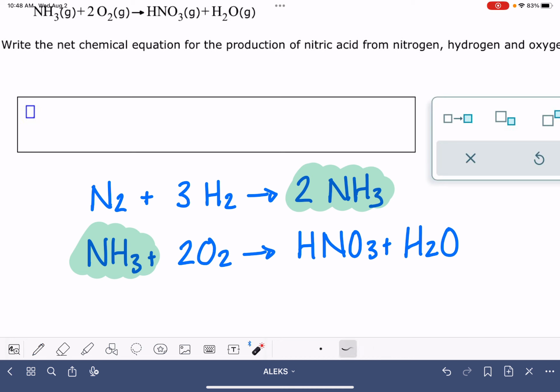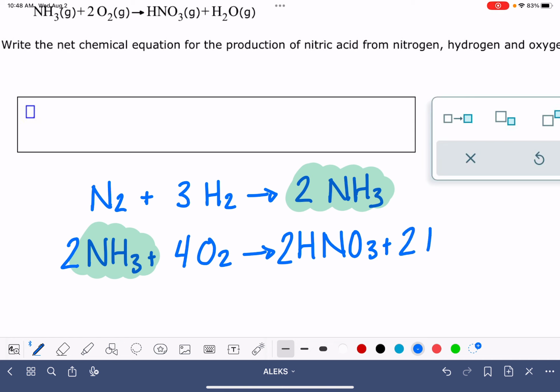So I'm going to multiply the whole entire equation number 2 by 2. Multiplying everything by 2 doesn't change whether the equation is balanced. It's still balanced because I'm just doubling everything. But now I have the same stoichiometric coefficient for my NH3.